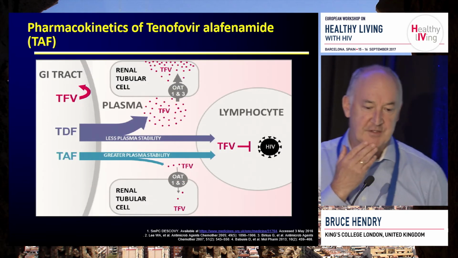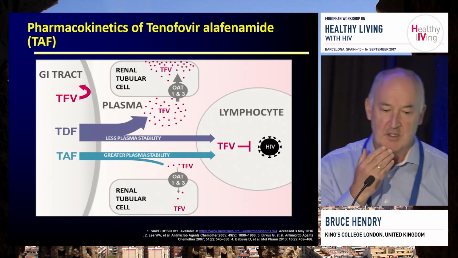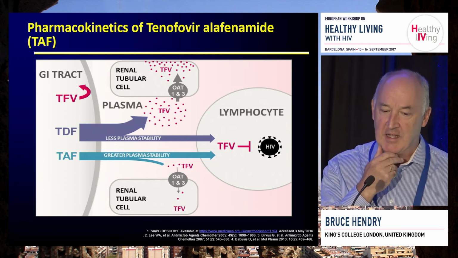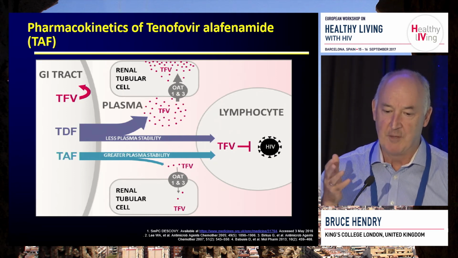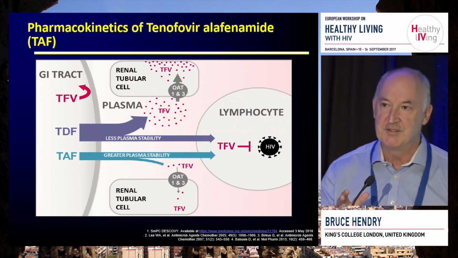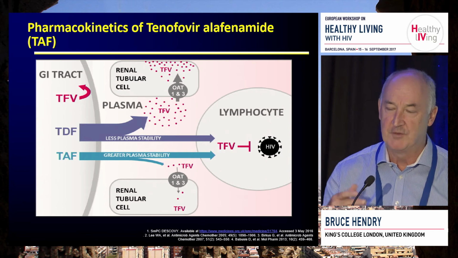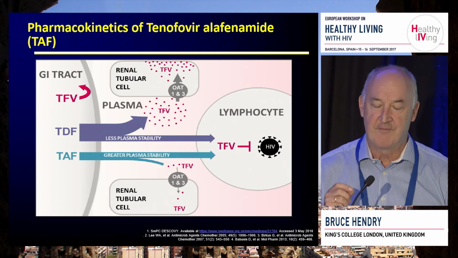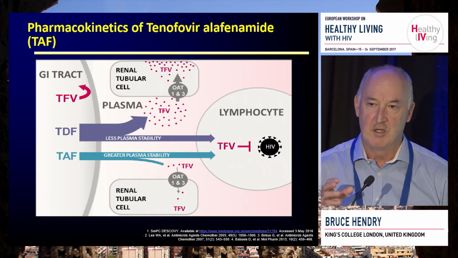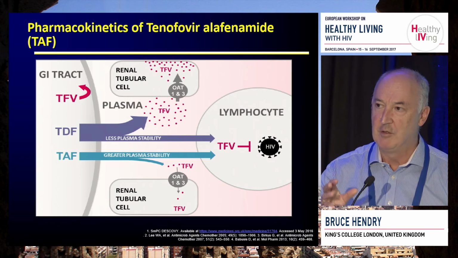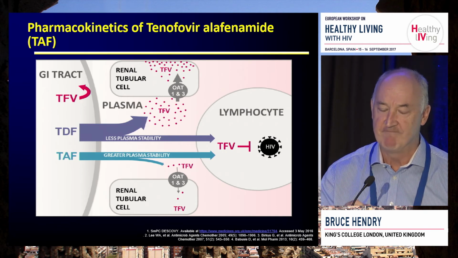So let me turn now just for a few slides to this other way of delivering tenofovir, which is TAF. And this slide actually illustrates really the pharmacokinetic issue with TDF. That is that it's unstable in plasma, therefore significant free tenofovir is generated, and it's the free tenofovir, TFV, which is taken up by tubule cells and creates a localized kidney toxicity.